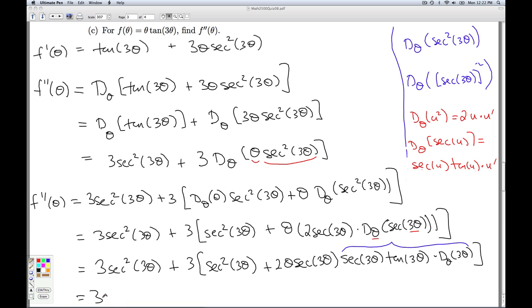So I get 3 secant squared 3 theta plus, I'm going to go ahead and simplify what I got in here. I've got 3 times secant squared 3 theta plus, what am I going to get in here?